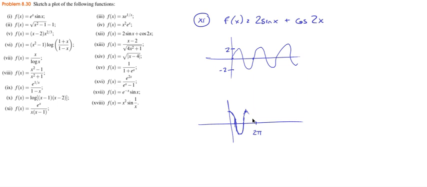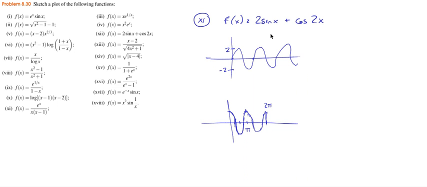Then you do it again, so this is pi, this is pi halves, and then you have again the same thing. So 2 periods in 2 pi instead of 1, right?